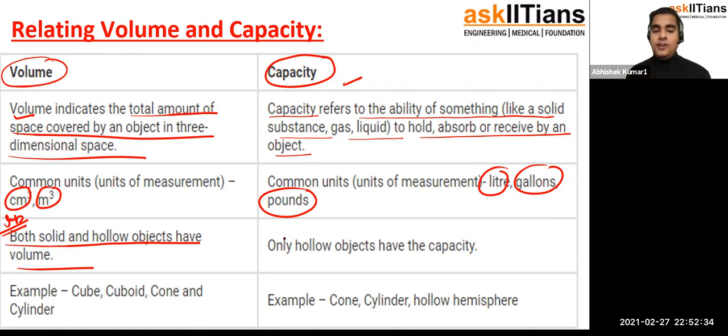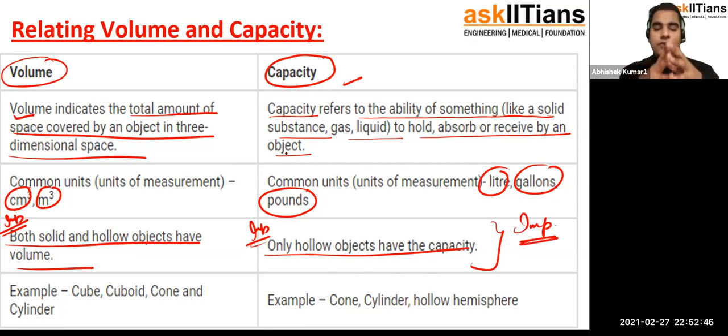But if you are talking about capacity, then only a hollow object can have capacity. This third point is very important. When you are talking about volume, both hollow and solid objects can be considered. On the other hand, for capacity, only hollow objects can be considered.